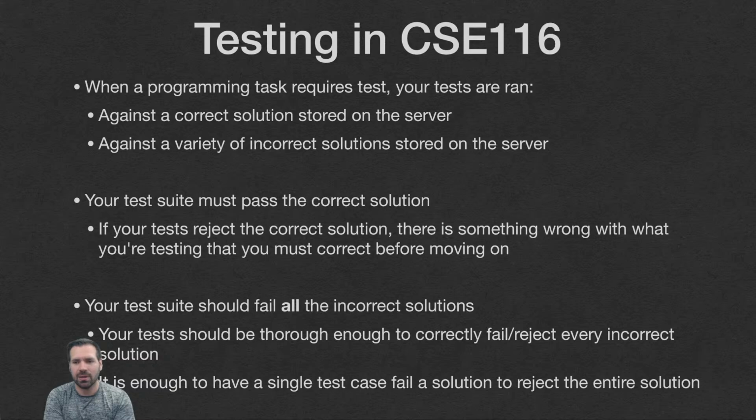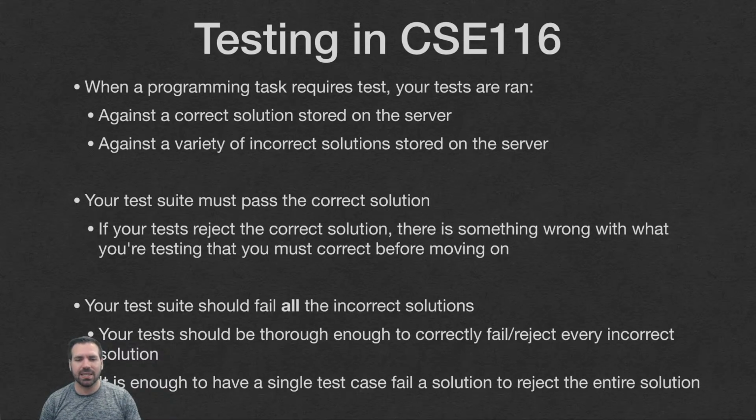And here's one of the primary ways where separating your tests into separate methods can be very helpful. So if you fail on a correct solution, Autolab will say which test methods passed the correct solution and which test methods failed a correct solution. So if you do fail on a correct solution and you have lots of test methods, it'll tell you which method failed the correct solution, which really significantly narrows down your search.